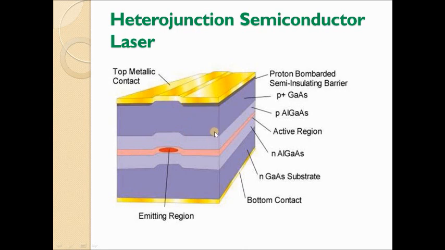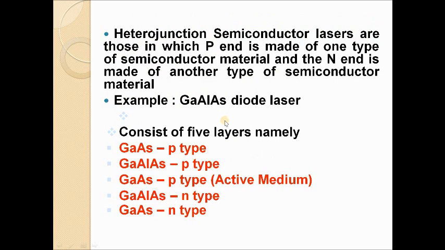The example we are going to take here is GaAs as well as AlGaAs, that is gallium arsenide as well as aluminum gallium arsenide. They are going to be coated alternately to each other, and this type of semiconductor laser diode is otherwise called heterojunction diode because there are going to be several junctions.